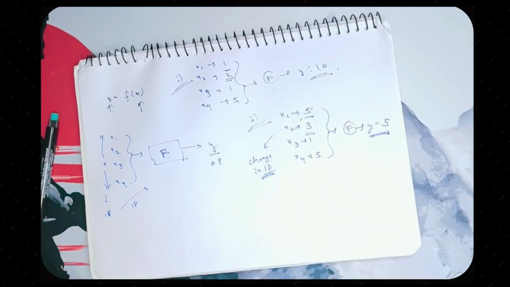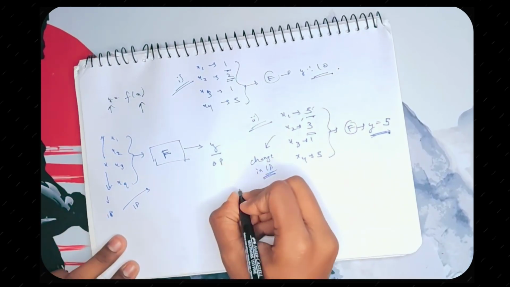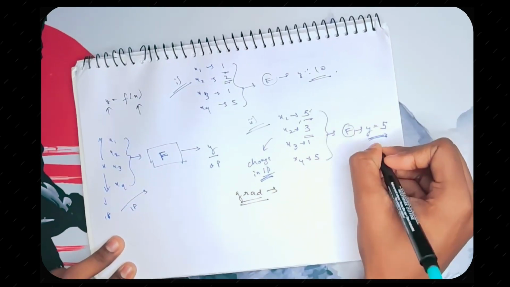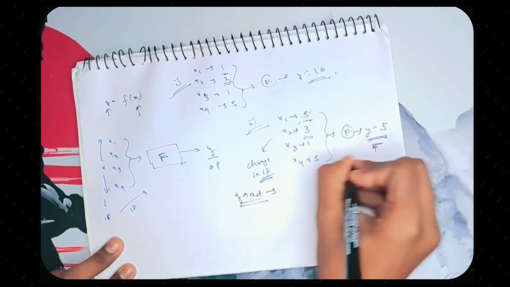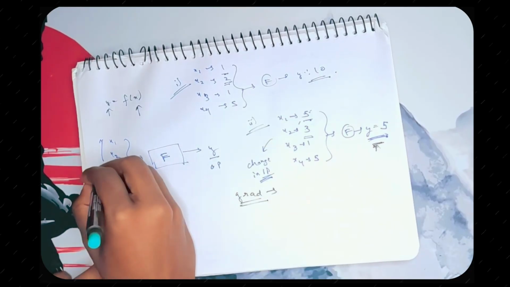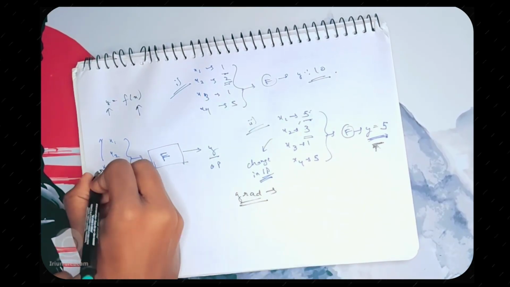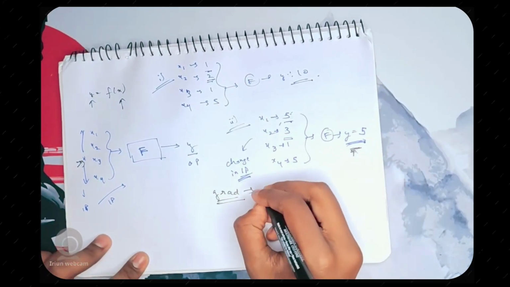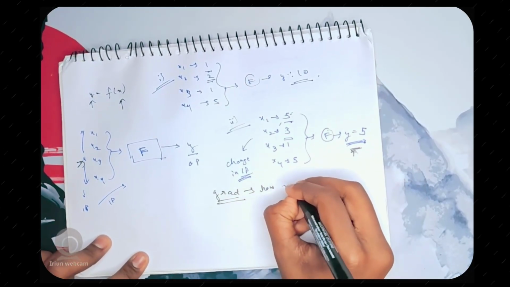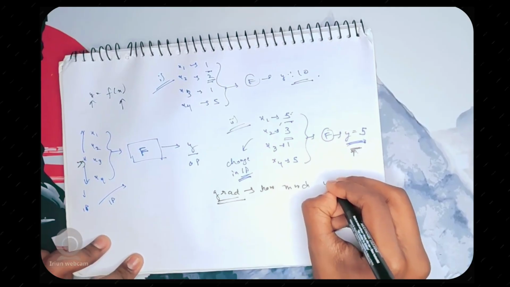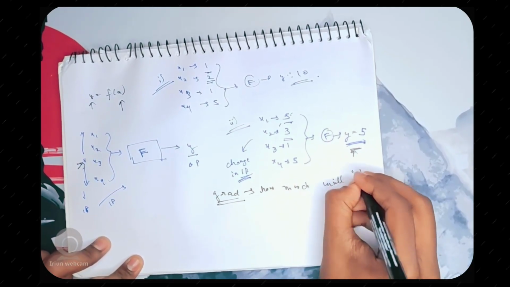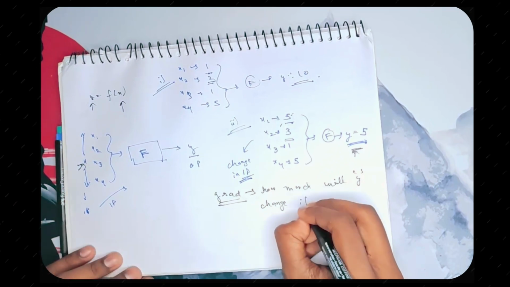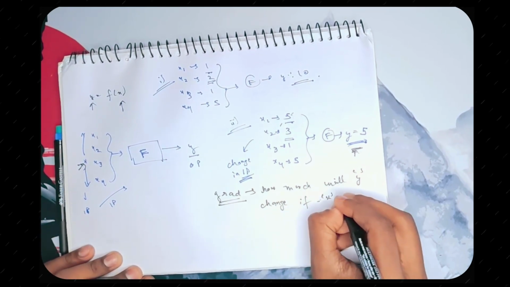Now, what gradients do is, let me say this is y and these are the combined x. What the gradient calculates is how much will y change if x changes.